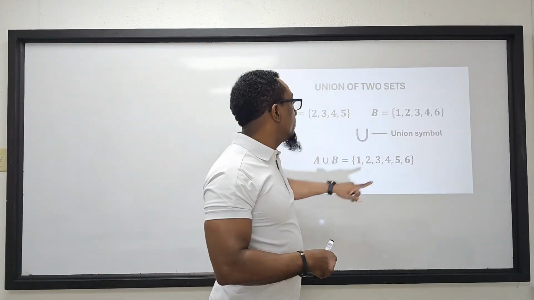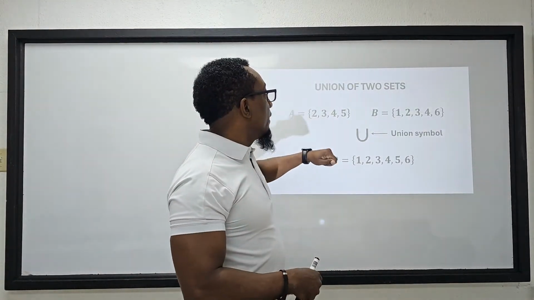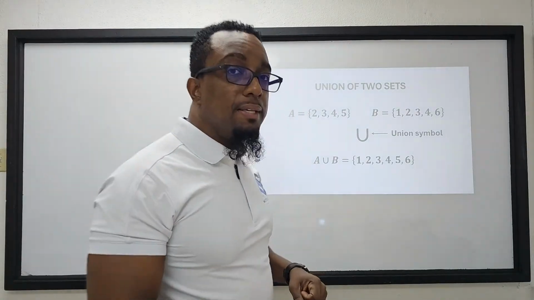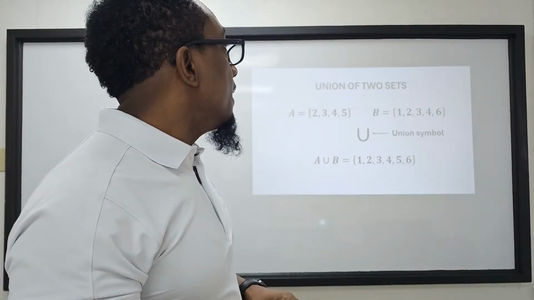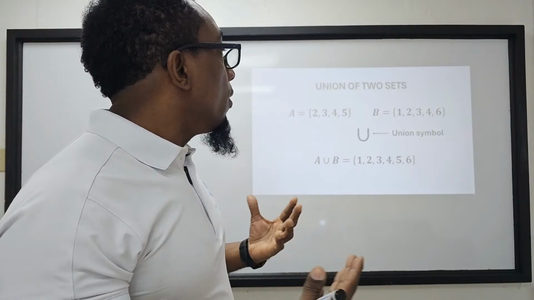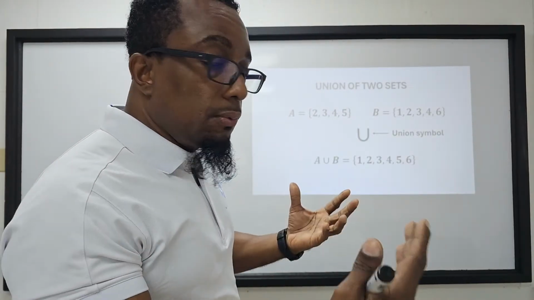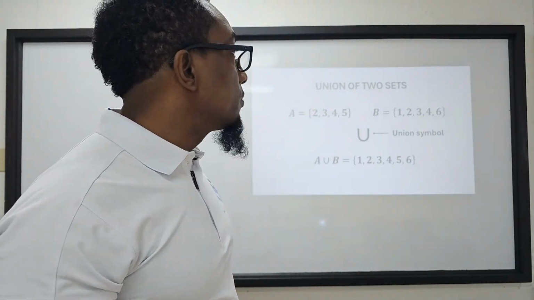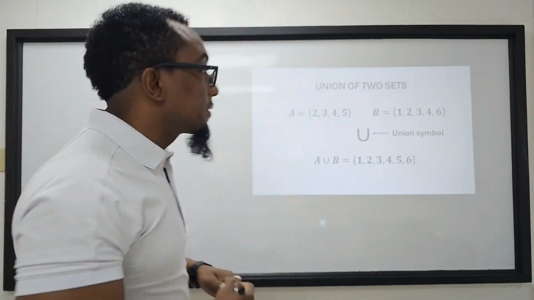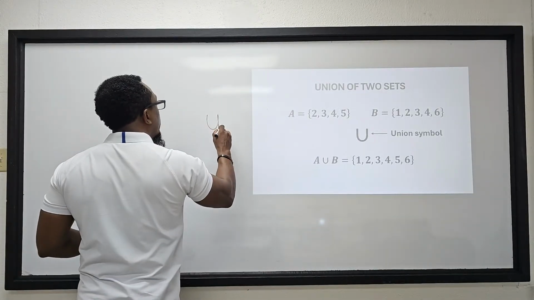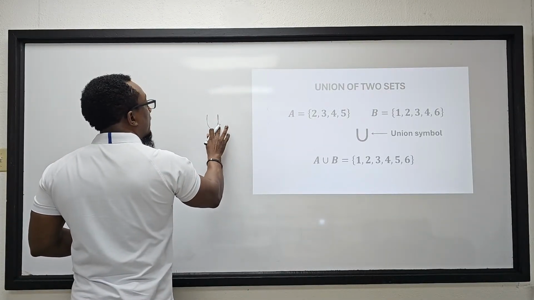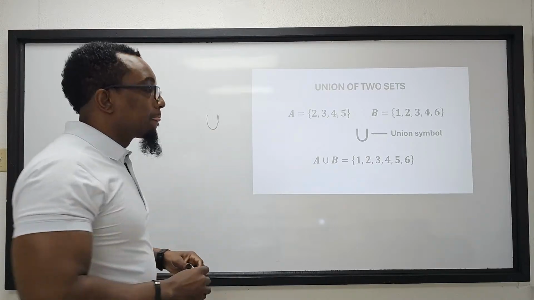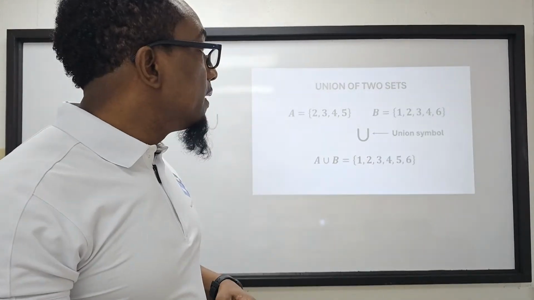We're going to have 1, 2, 3, 4, 5, and 6. We bring them together. Elements that are in either A or B or both, and that shows the union of your two sets. And the symbol is simply a U without the tail. So you can remove the tail. Alright, so that there will be the union symbol.